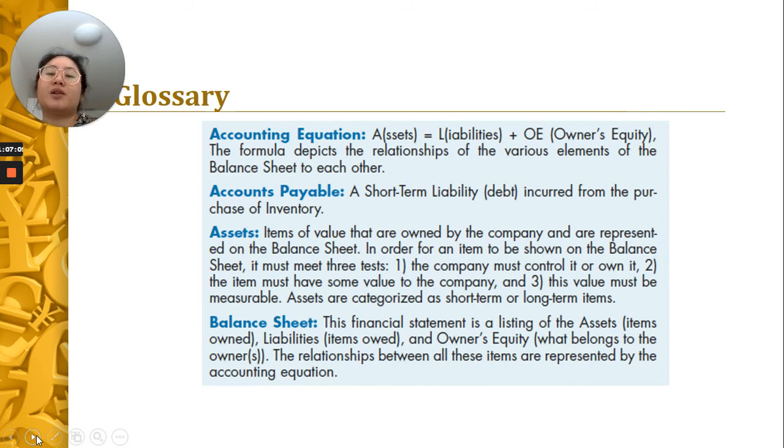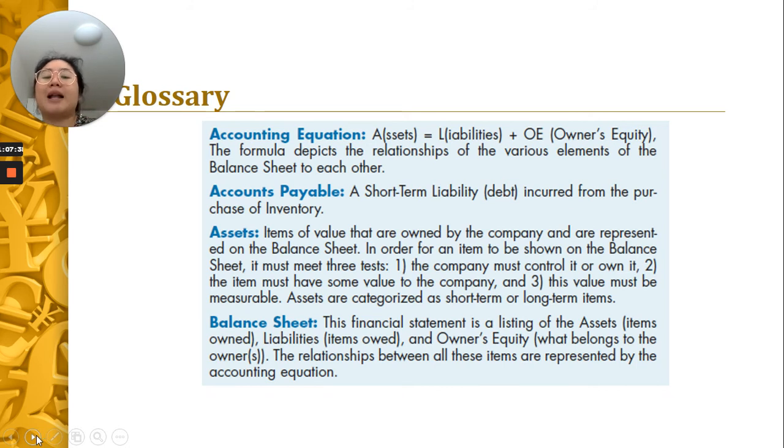The formula depicts the relationship of various elements of the balance sheet: asset, liability, owner equity. Accounts payable is the short-term liability or debt incurred from the purchase of inventory, and an asset is an item of value owned by the company and represented on the balance sheet.